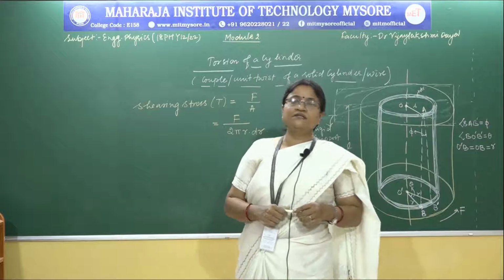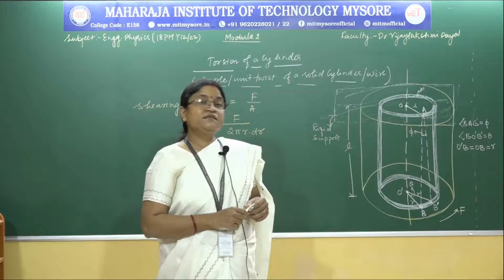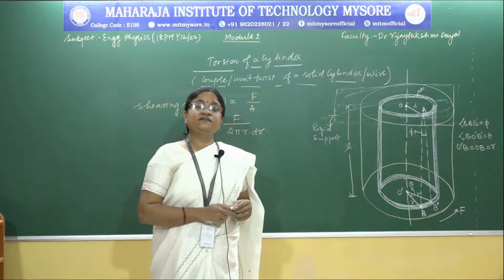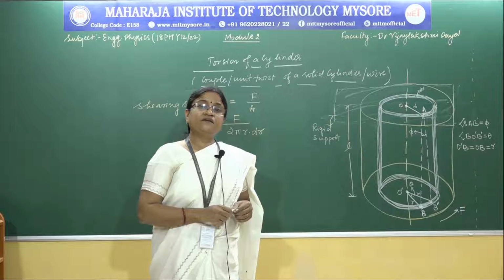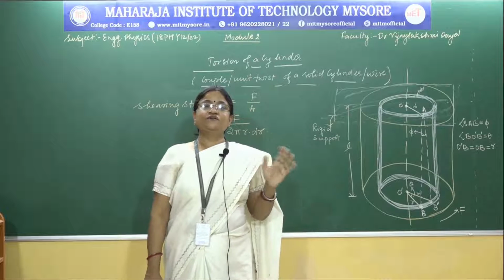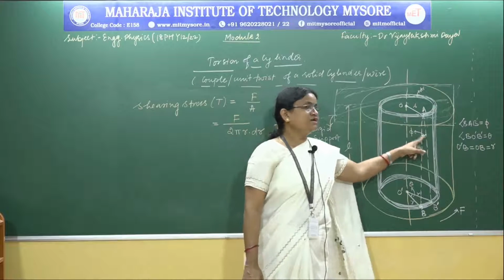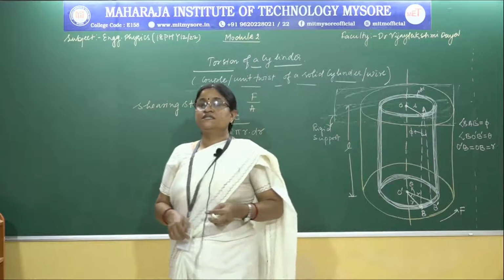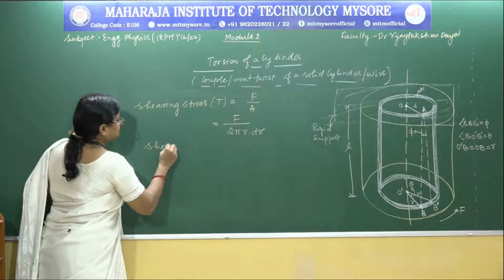We have learnt in previous classes that the shearing strain is defined by the change in the angle when the position changes from one point to the other. So this phi is nothing but the measure of the shearing strain. So what is your shearing strain?